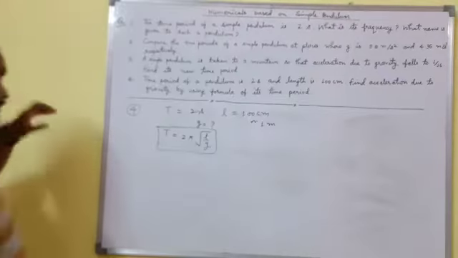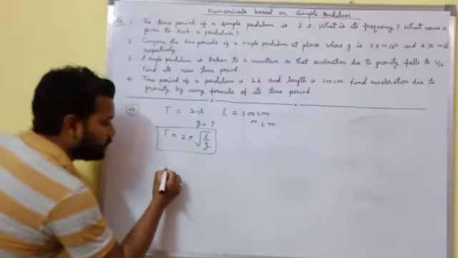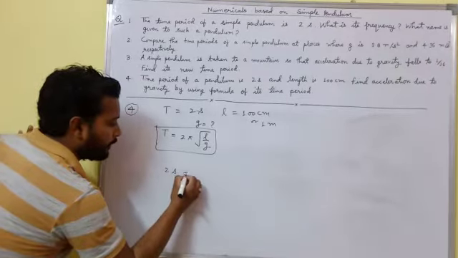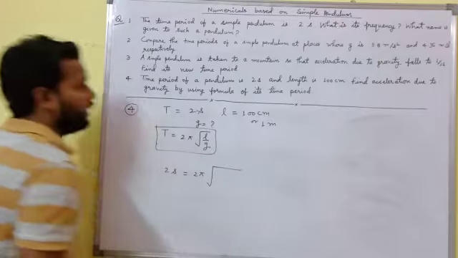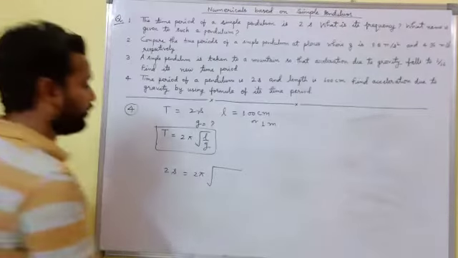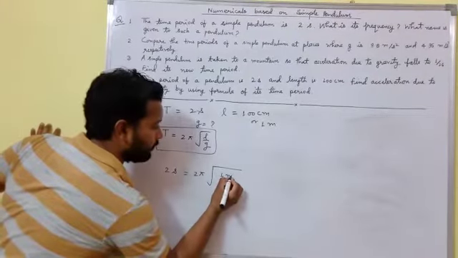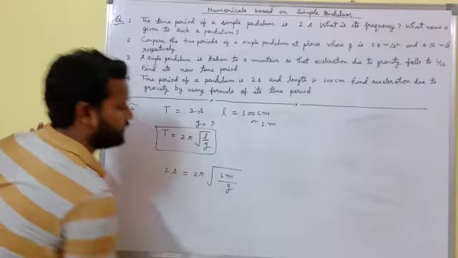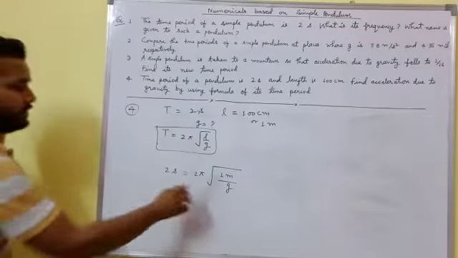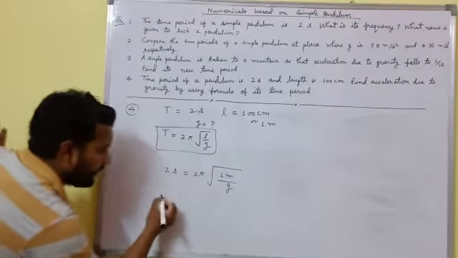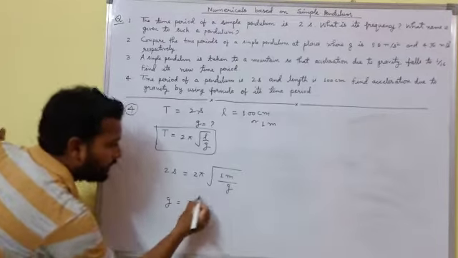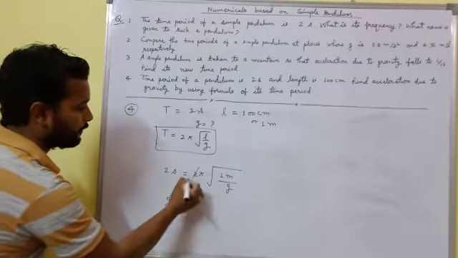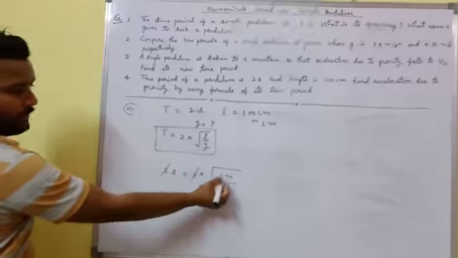Now we have the value of T as 2 seconds, 2 pi root L, the value of L is given as 1 meter, upon g, and we have to find out the value of g. So 2 cancels.